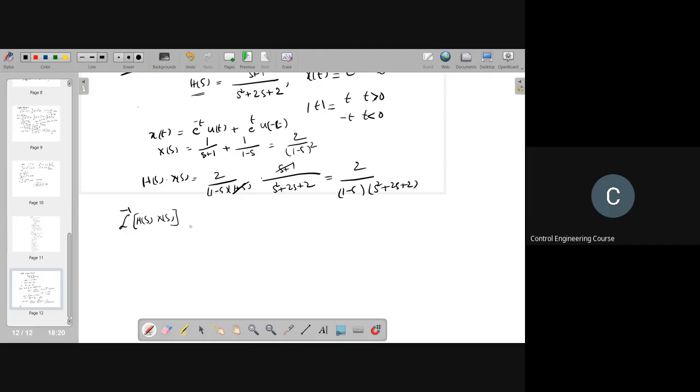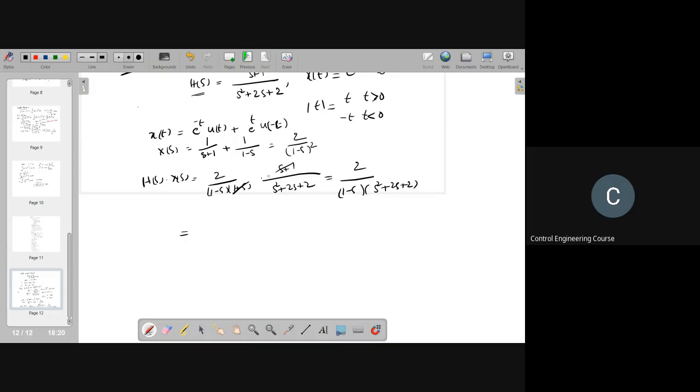S square plus 2s plus 2 is s plus 1 whole square plus 1.